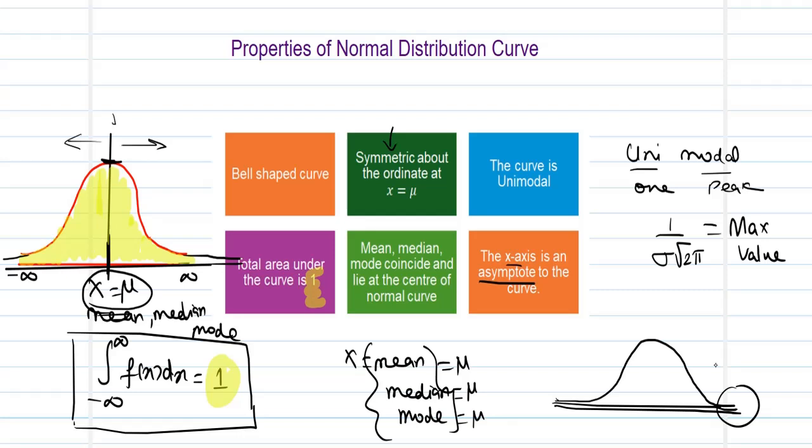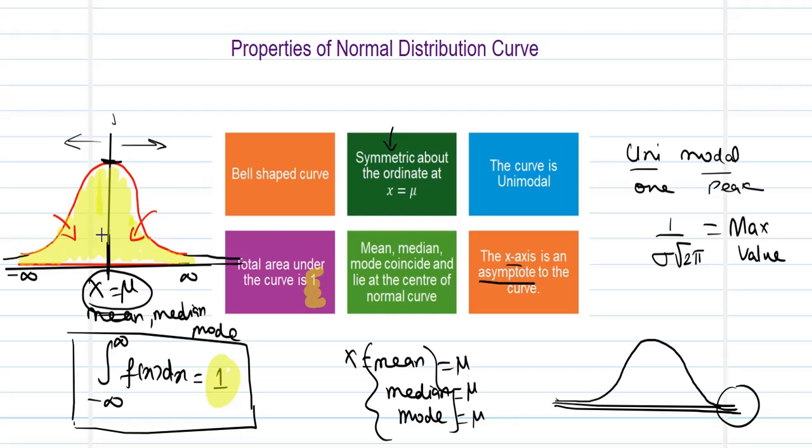So these properties will help us to determine the probability in a better way. Now the important point to be noted, one more time we will recollect, it is a bell-shaped curve. So it is going to be symmetric. Symmetric meaning this half is going to be the same as this half. So what is going to be the total area?